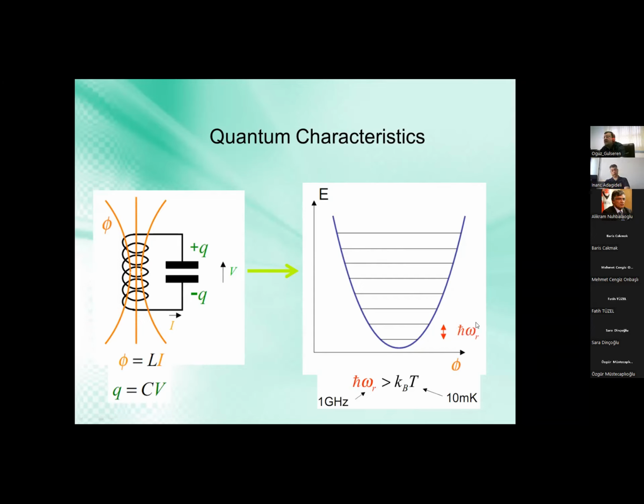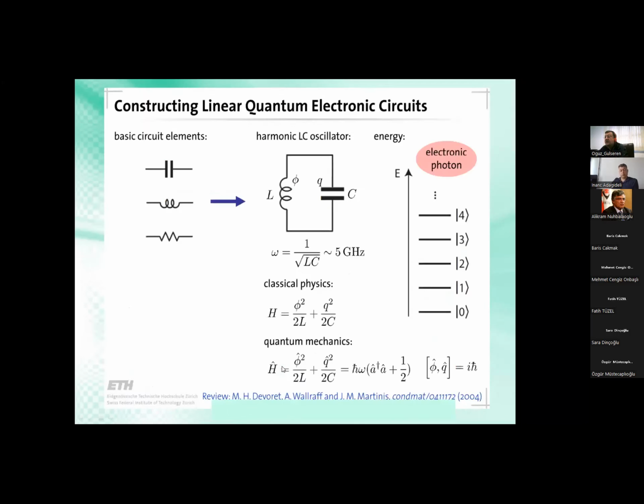So, okay, we have levels, but this is not that useful for qubit operation since, for example, if you try to pump this system with a photon of this energy, since this is uniform, you cannot differentiate the two levels. It can jump to any levels and so on. So there should be some non-uniformity here.